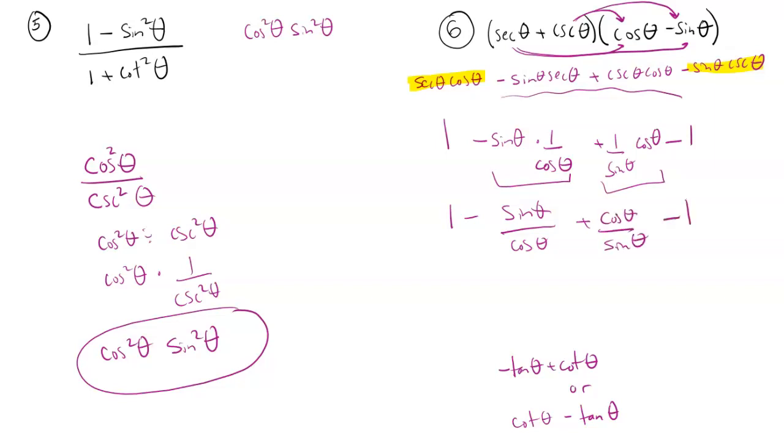So what do we notice? The 1 and the negative 1 cancel out, and you'll just be left with negative tangent of theta plus cotangent of theta, because these two right here cancel out. And that's how we manipulate expressions with our fundamental identities.